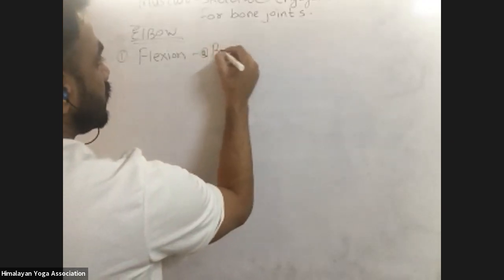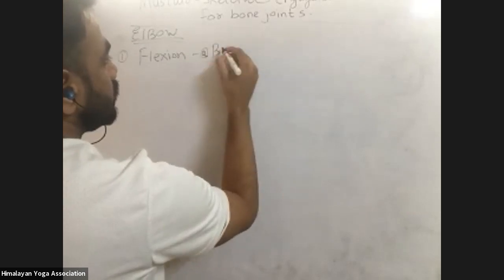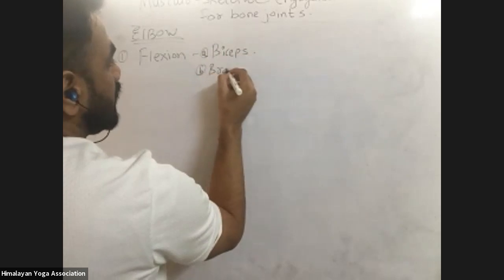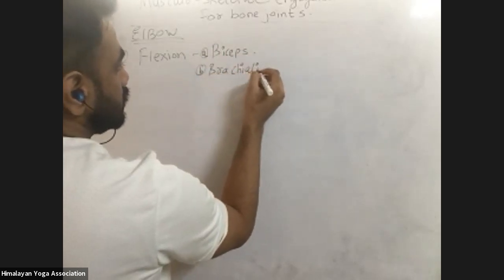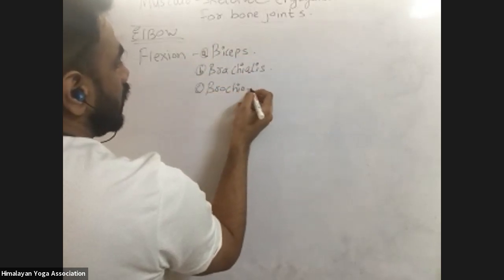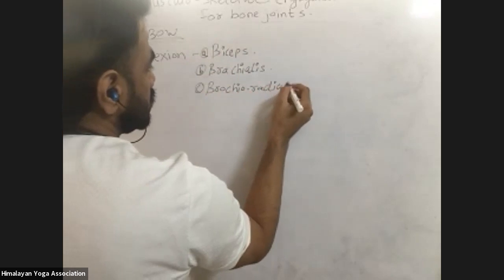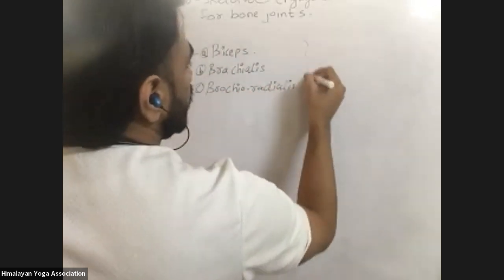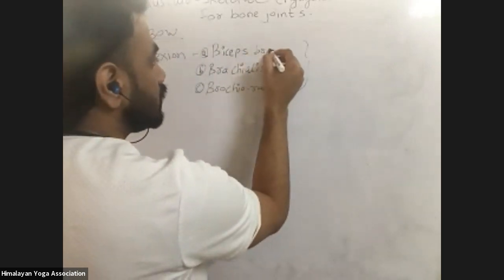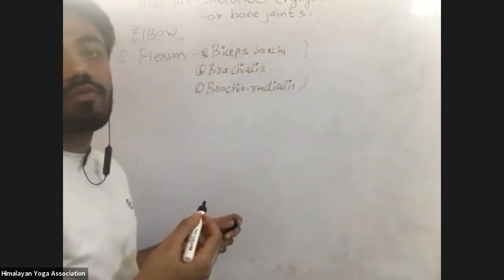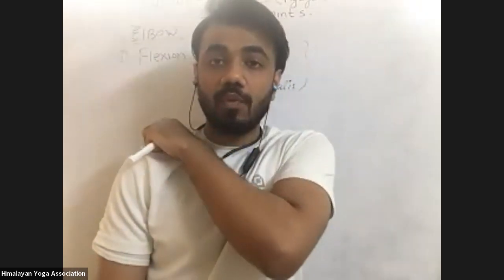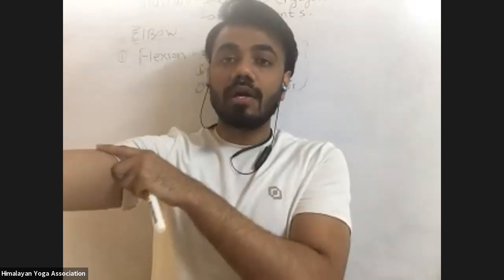That is biceps, brachialis, and brachioradialis getting engaged. Where will these originate? Biceps brachii will originate from the scapula, shoulder blade. Biceps originates from the shoulder, but where does it end? In our radius.